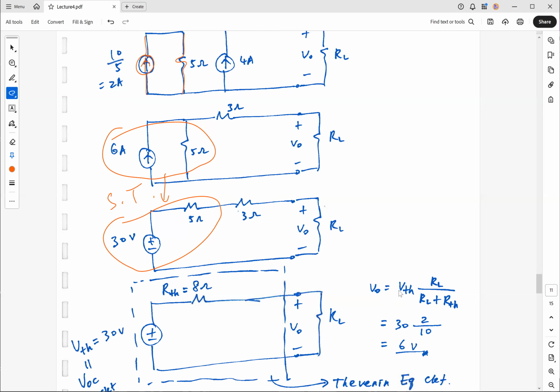So V out can be found simply by using voltage division, right? This voltage multiplied by RL over the sum, okay? Times this voltage source, 30 volts. And we'll remember this number, and then we'll come back and revisit this result, okay? So V0 is equal to 6 volts, okay, using simple voltage division based on this circuit here.